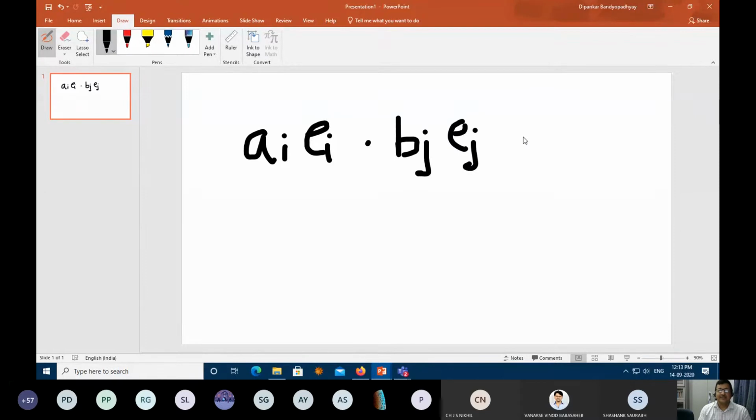Great. Now you see, why did I use J with respect to I? Because I'm using different indices. I don't want to mix up the coordinates. Correct. Now when I do such a dot product, what is the typical answer for this?